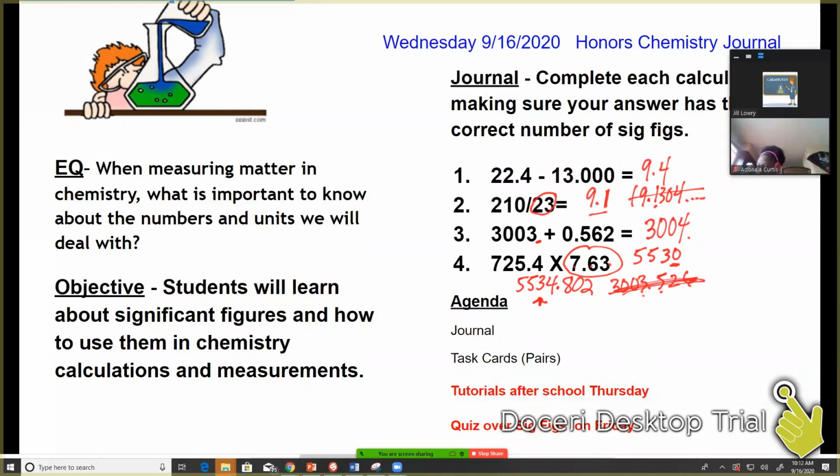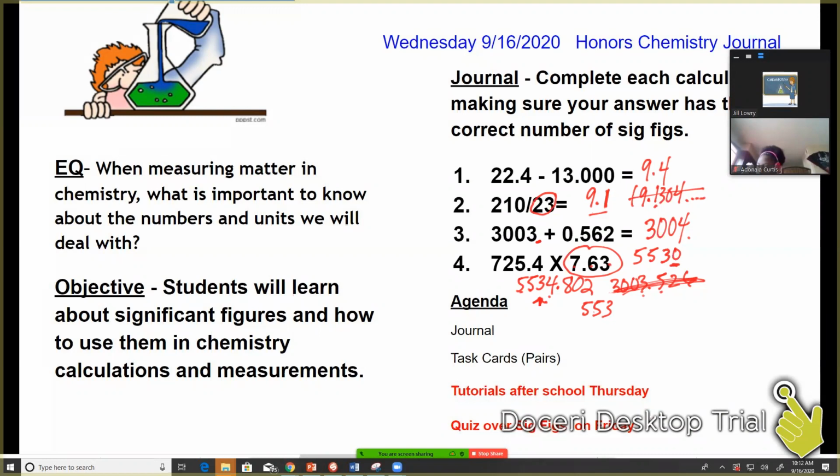1, 2, 3. So this is 1, 2, 3. That's my third sig fig. Since there's a 4 behind it, I wouldn't round it up, and then I have to put a placeholder. In other words, it can't just become 553. I can't go from 1,000 down to the hundreds. Do you see what I'm saying? This is my third sig fig, and I don't want to round it up.